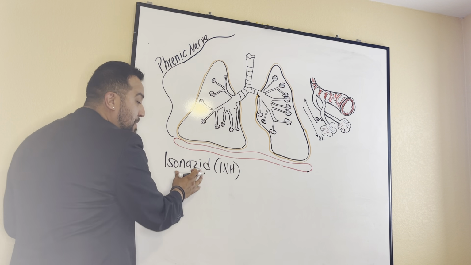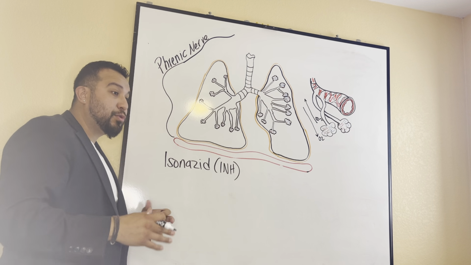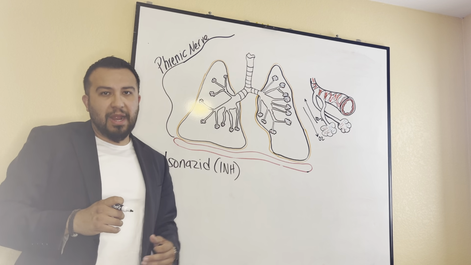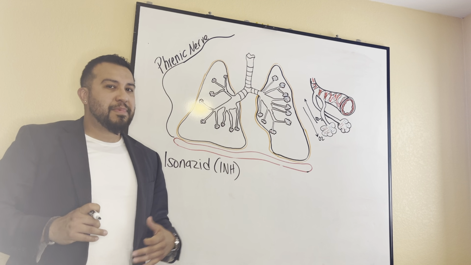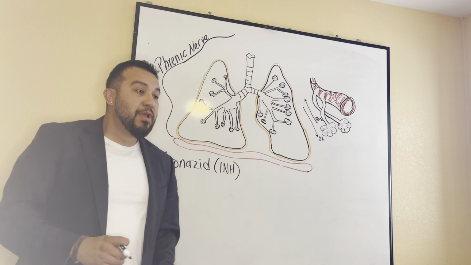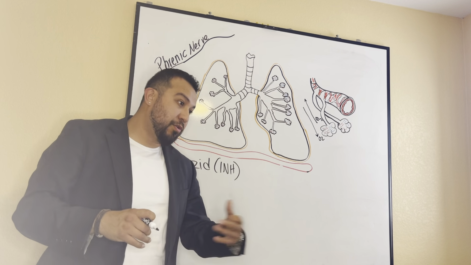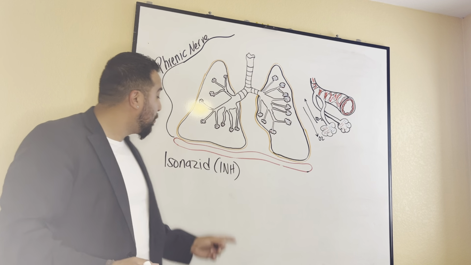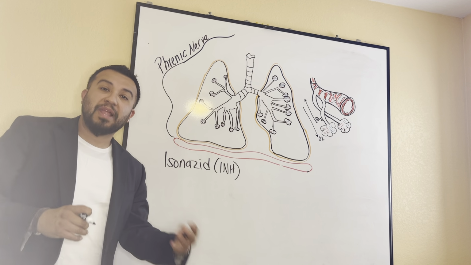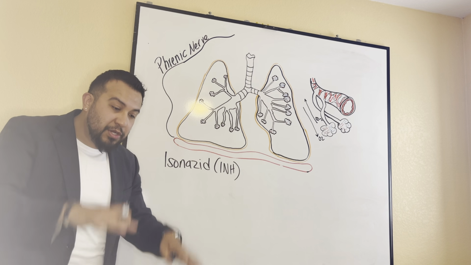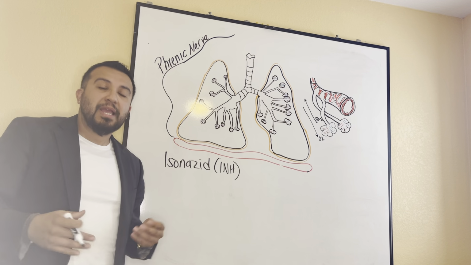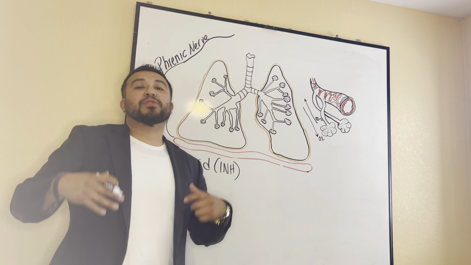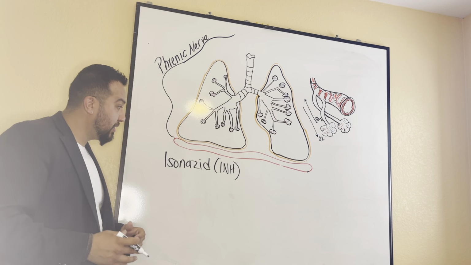Keep in mind that we give this medication for patients who have also just been exposed. For instance, if I'm the patient and I've tested positive for active tuberculosis, but I've been living with my girlfriend and her family the whole time, then all of them have been exposed. So we give them isoniazid prophylactically because it's been shown to decrease the bacterial load, and it reduces the likelihood of those who have been exposed actually developing active tuberculosis.